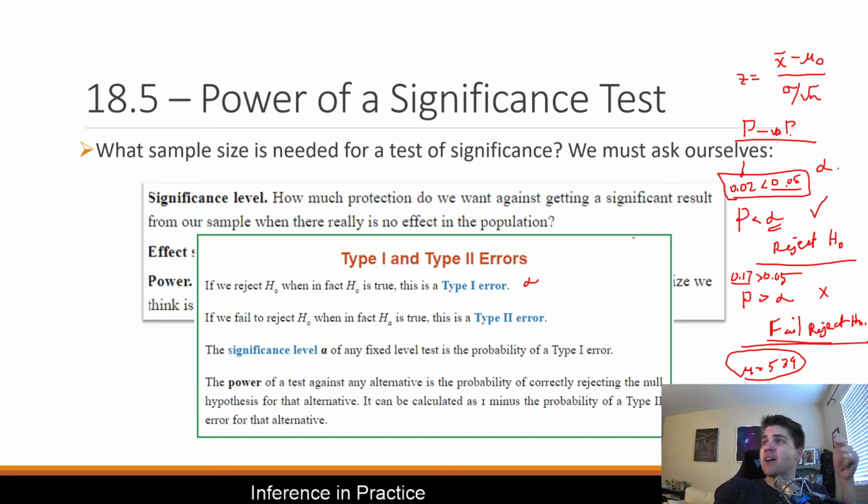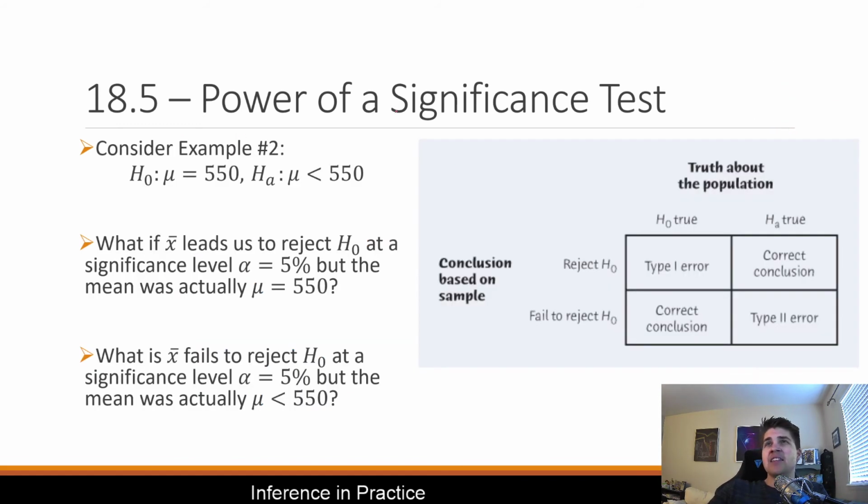A type 1 error occurs when we reject the null hypothesis, but it was actually true to begin with. And a type 2 error occurs when we fail to reject the null, in the case when p is greater than alpha, but the null was actually false all along. I think this chart really helps sum it up. We come up with a correct conclusion most of the time based on the significance level.